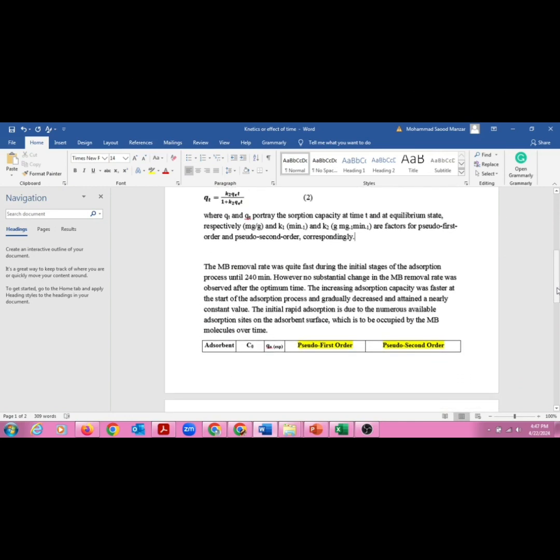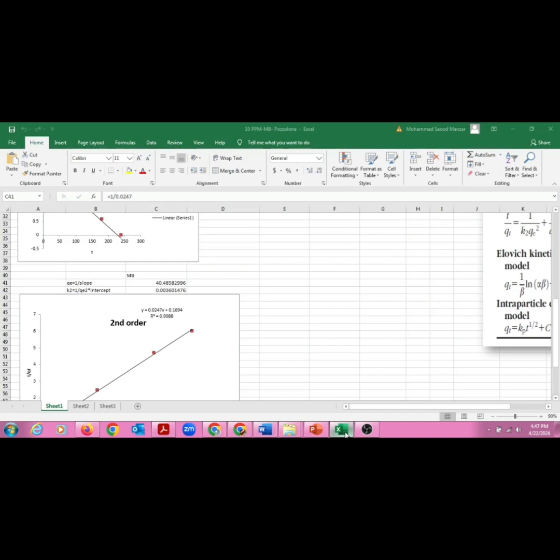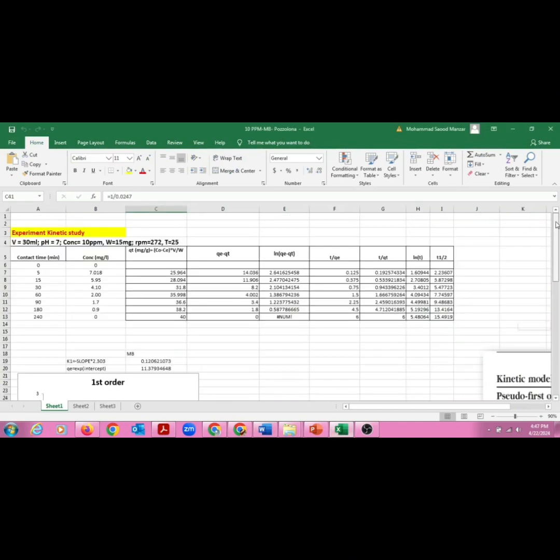In our case, the methylene blue removal was faster during the initial stage, until 240 minutes. If you look at the data, it was gradually faster, until around 180, and then it decreased.